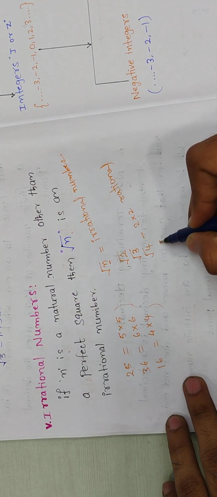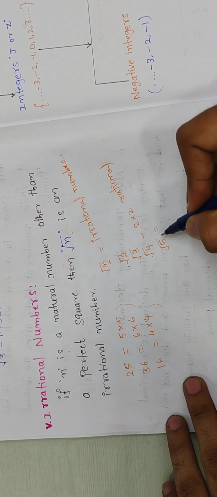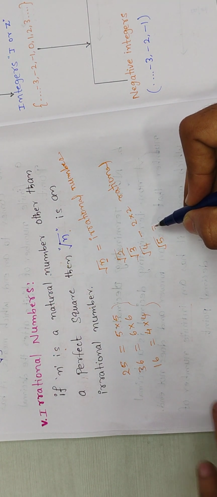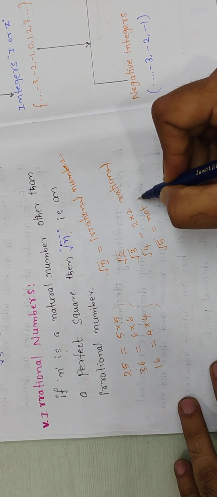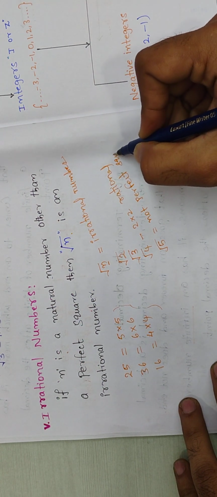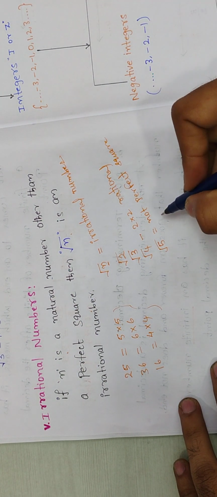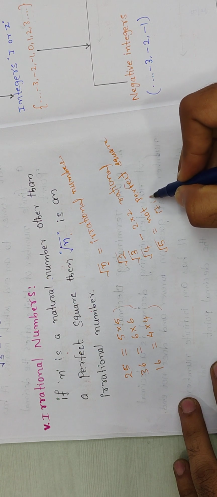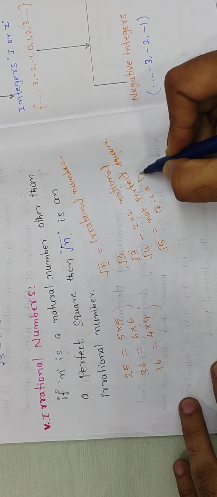Then look at root 5. Root 5 is not a perfect square, so it is an irrational number.